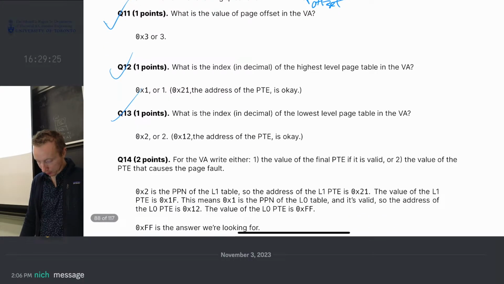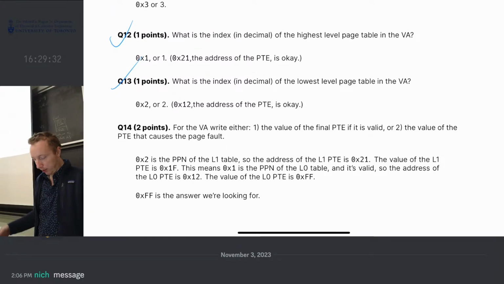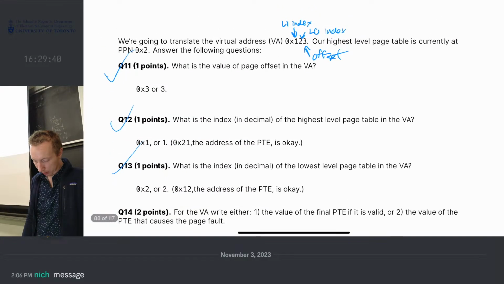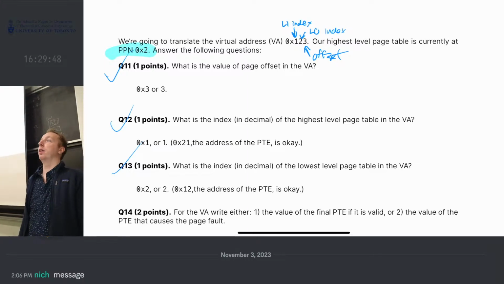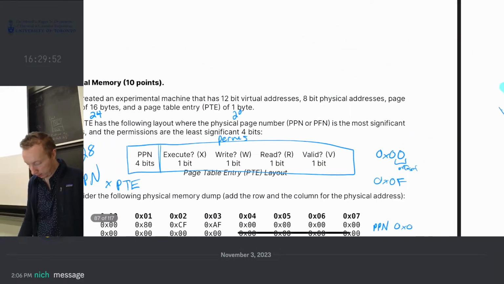Okay, so then it said, for this virtual address, we'll try and translate it. So either the value of the final PTE if it's valid, and otherwise the value of the PTE that causes a page fault. Another part of this question says that the L1 page table is at PPN 2. So I will highlight it in cyan.